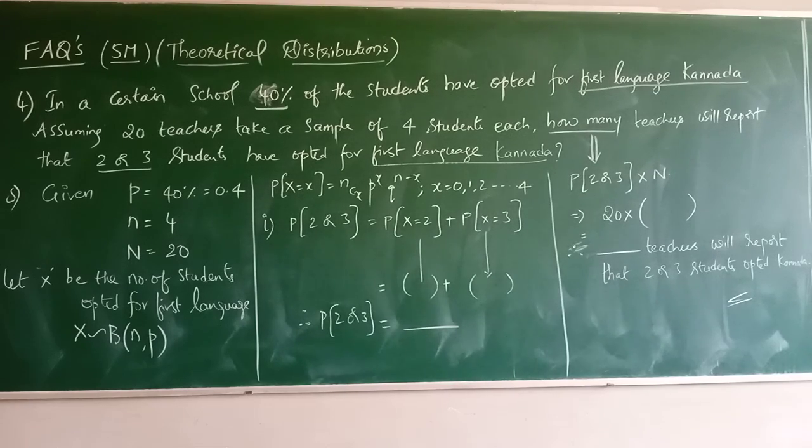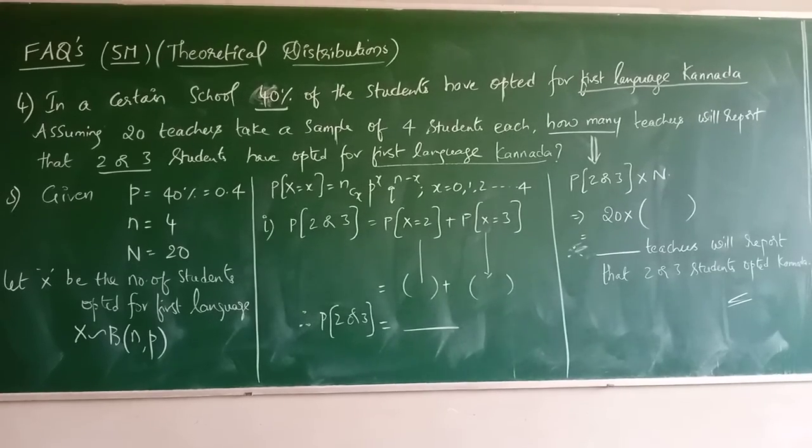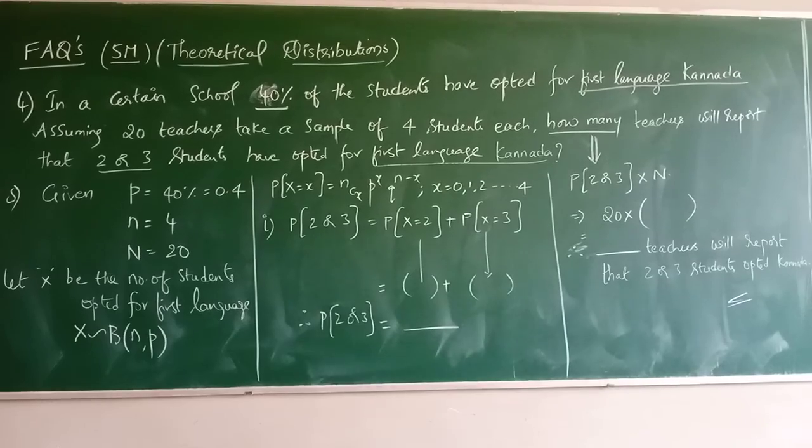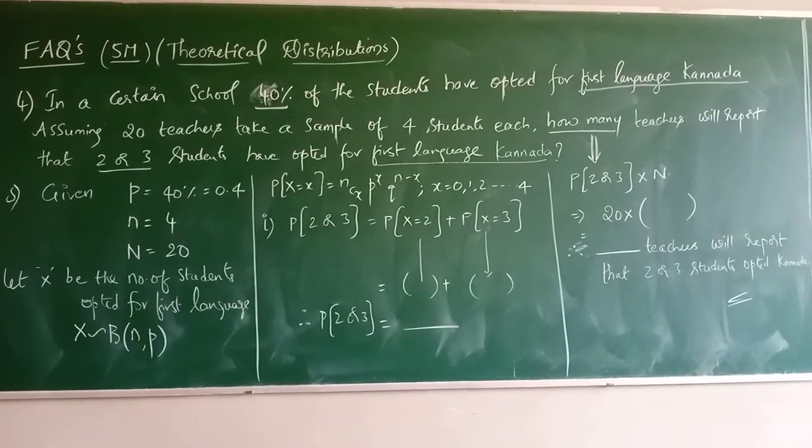Now here, the probability 40% is given about opting first language, and then the teacher's report is also about opting for first language, right? So both. Now in such case, what to do? Let x be the number of students.